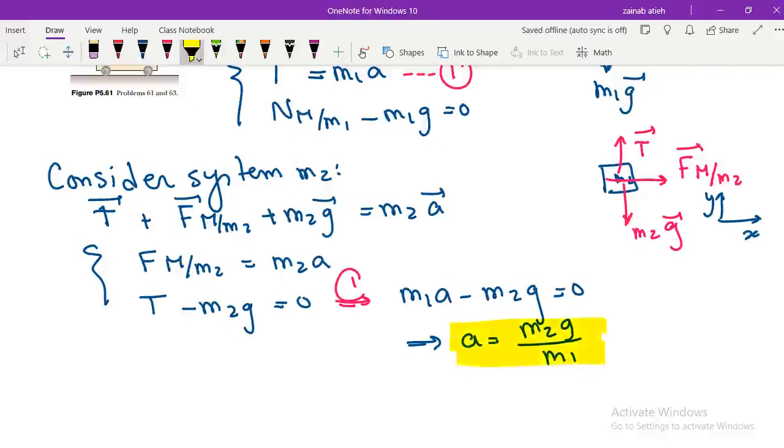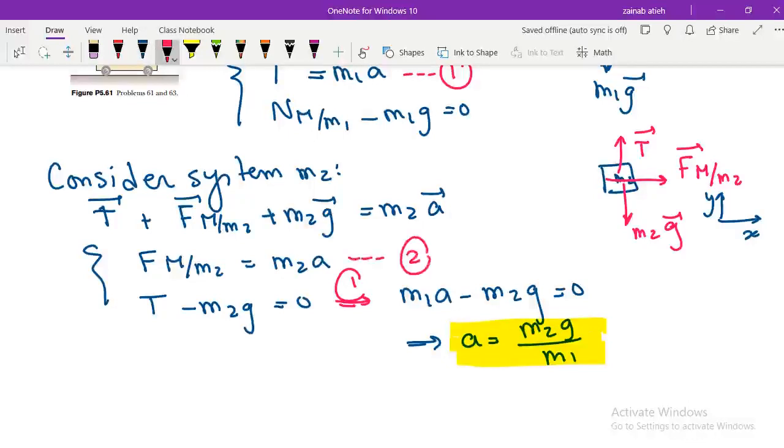Now I'm not asked to find the acceleration; I'm asked to find F, the force exerted on block M, so that blocks M1 and M2 do not slide or remain stationary with respect to big M. Let's now use this equation, which I will call equation 2, and I will use it later, so let me keep it in mind.